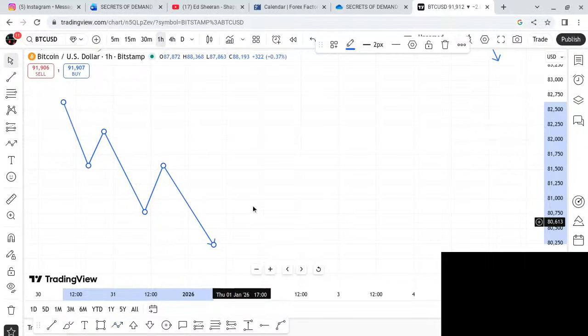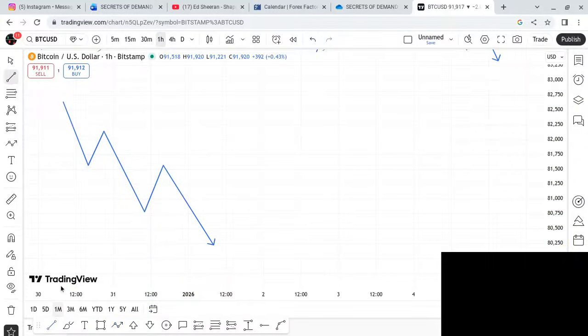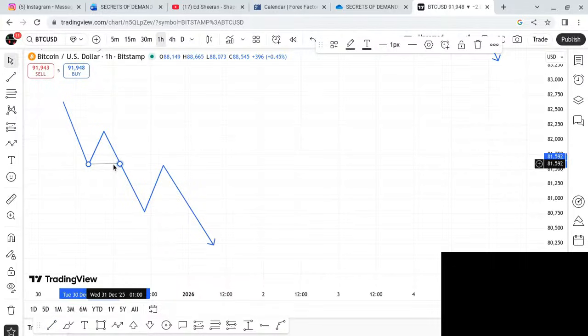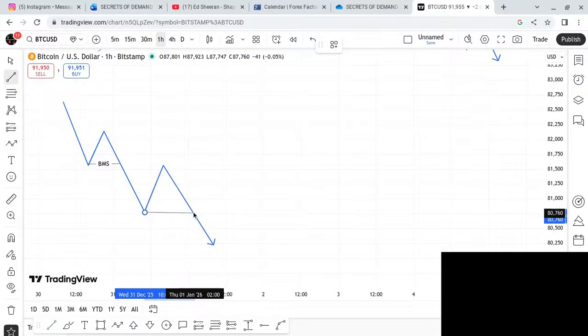In a bearish market, as it keeps going down, the breaking is what they call a market structure break, which will be here a break of a market structure. It's the same scenario as we looked at in the bullish market, now it also pushes down. The market will come and push down like this, and the market will keep pushing down, making what they call a break of market structure.